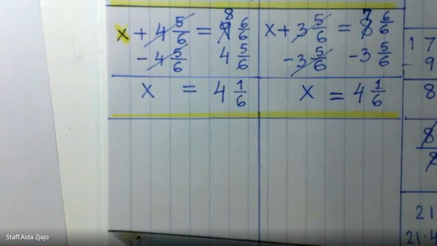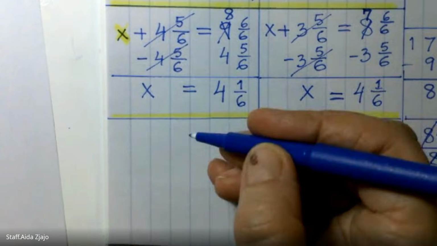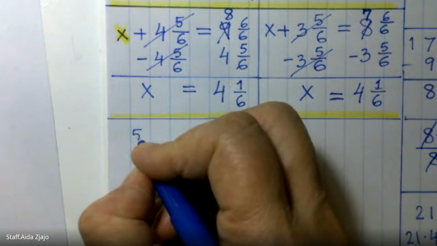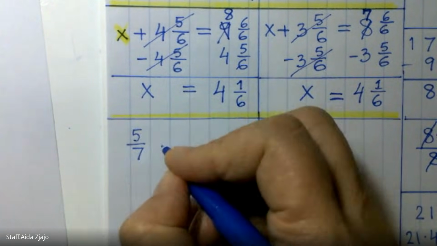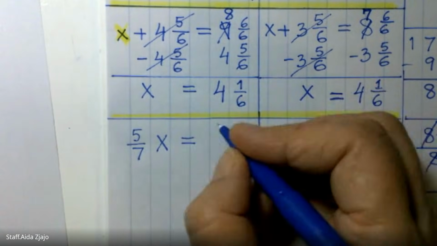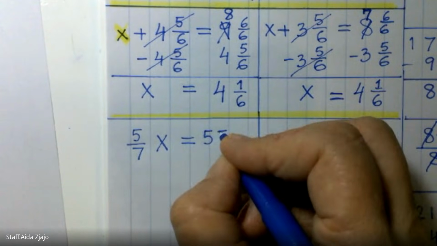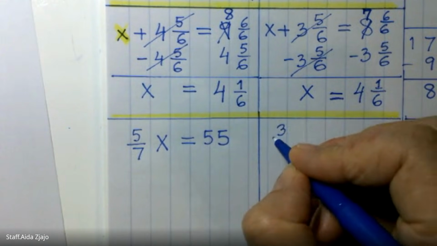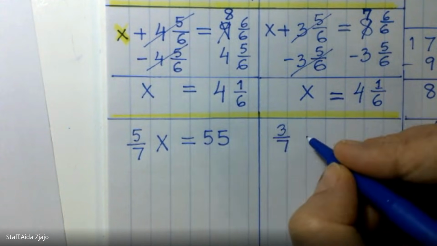Okay. So, new problem says 5/7 x must be equal to 55. And this one says 3/7 x must be 33.